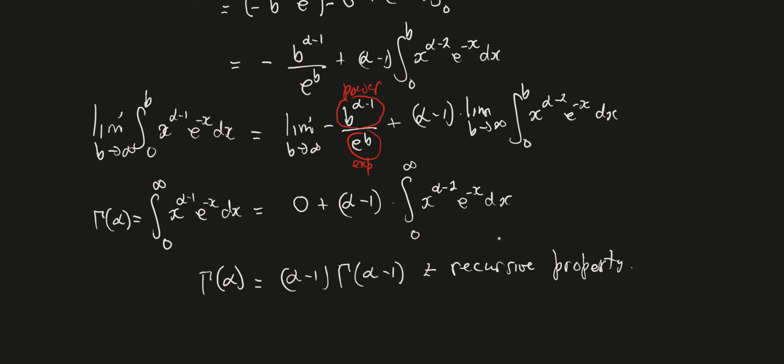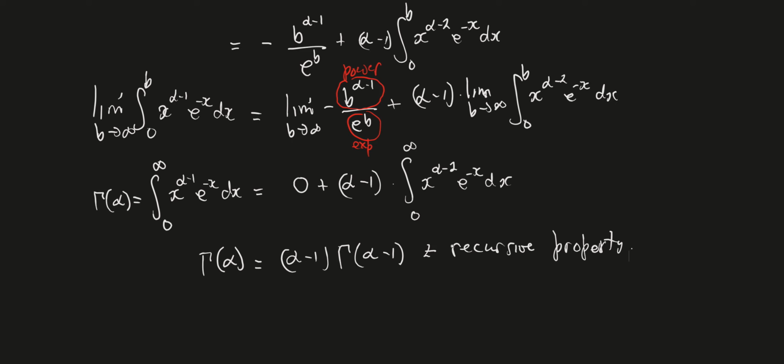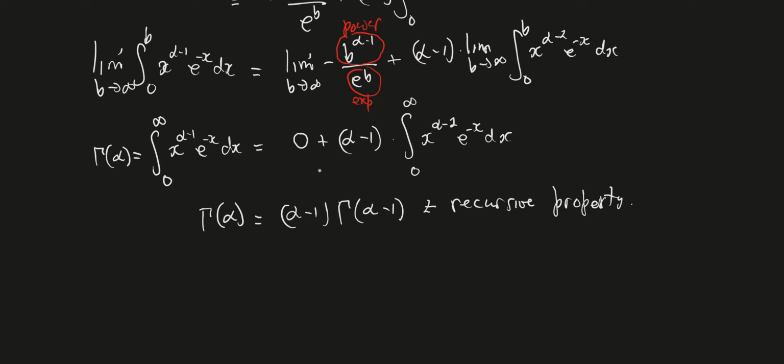Now, but let's really think about it. Suppose our alpha is a positive integer, so suppose alpha is equal to n, a positive integer.